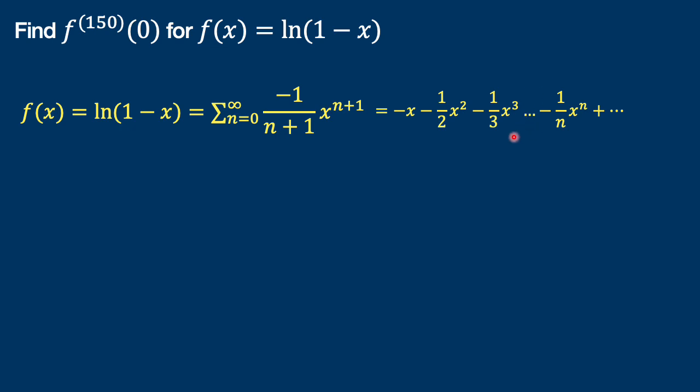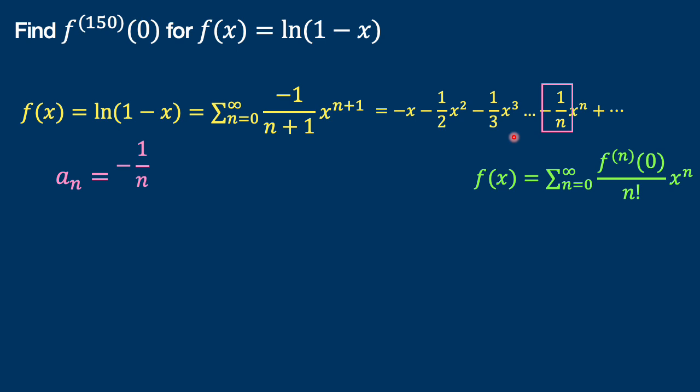Right here, guys, you find that a_n is going to be negative 1 over n, right? The Maclaurin series definition says the coefficient of x^n is f^(n)(0) over n factorial. We put these equal, because a_n from this Maclaurin series and a_n from the definition of the Maclaurin series should be the same.